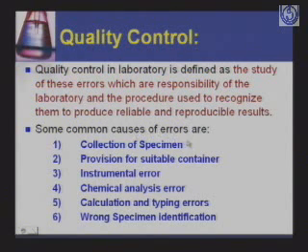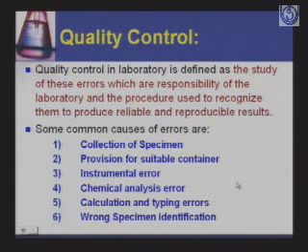Some of the common causes for errors are: specimens not properly collected, and lack of a suitable container. For example, if you are collecting something which should have EDTA so that it does not coagulate, but the EDTA was not properly given, or given in a very small quantity, the blood clots. Then instrumental error, when the instruments are not properly calibrated.